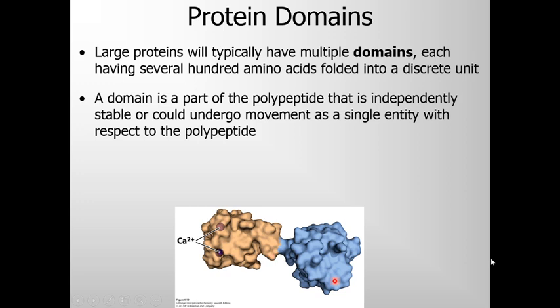Domains can have interaction with other proteins. For example, this domain may interact with proteins that this domain may not interact with. In addition, this domain could undergo movement without changing the conformation of this domain. That is the definition of a domain by itself.